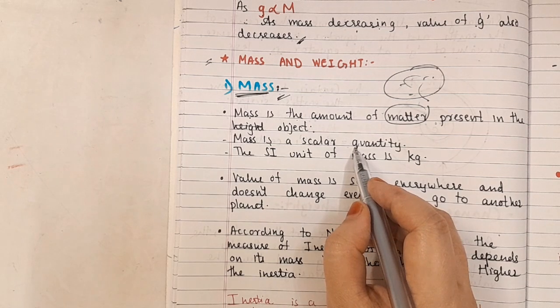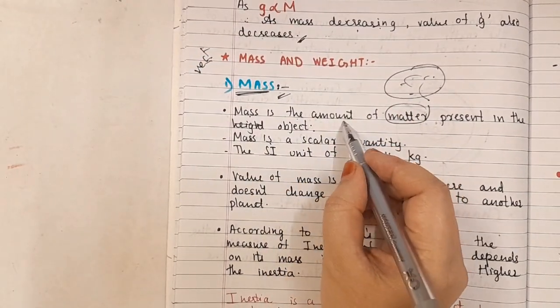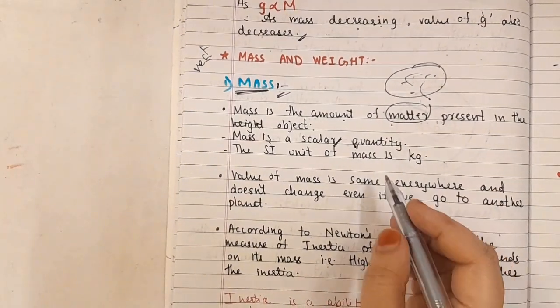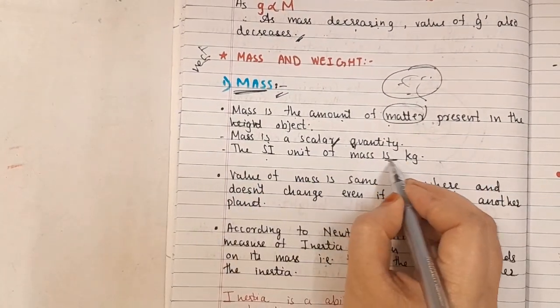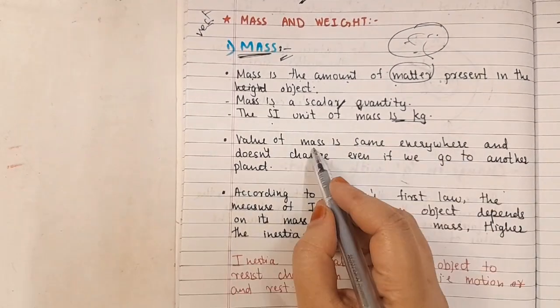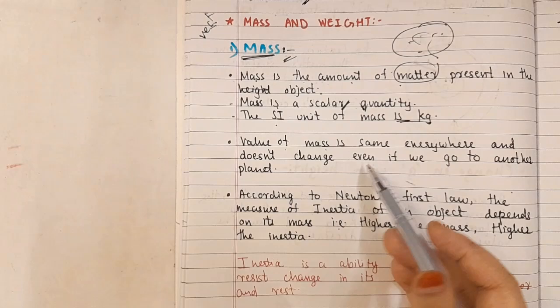The quantity which has magnitude as well as direction is a vector, but here it has only an amount of matter, so this is a scalar quantity only, and the SI unit of mass is kg, that is kilogram.